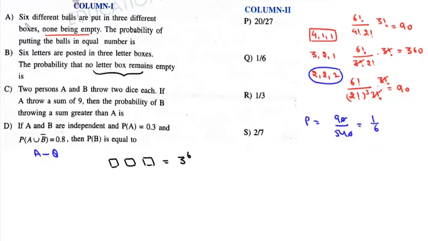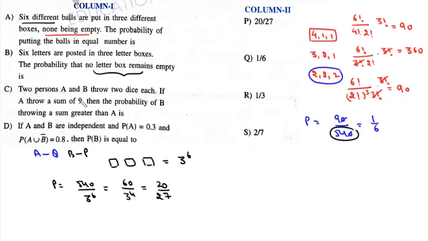This case is similar to the first one, where we have 6 different balls in 3 different boxes such that none of them is empty. The total number of ways of doing it is 540, and in this case this 540 becomes our favorable case. So this probability will be 540 divided by 3 to the power 6. Now 9 times 60 is 540, and this is 3 to the power 4. So this is 20 by 27. So this B matches with B.